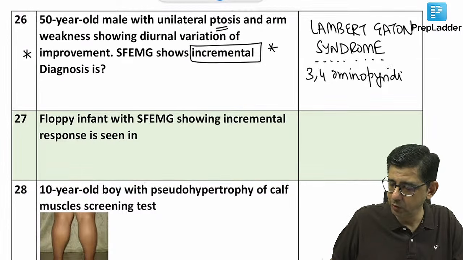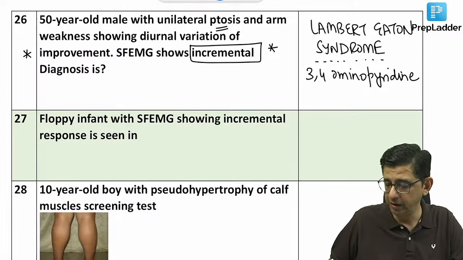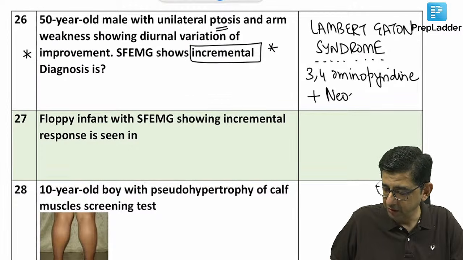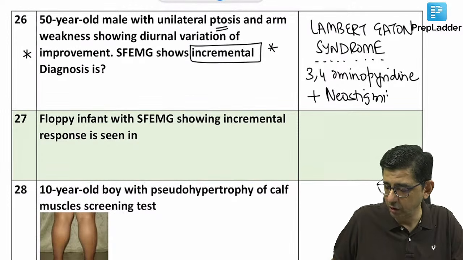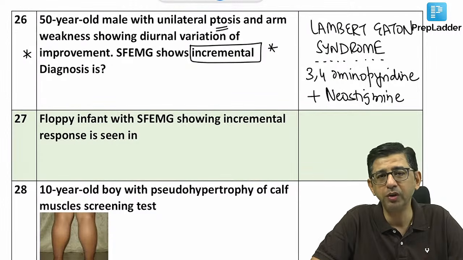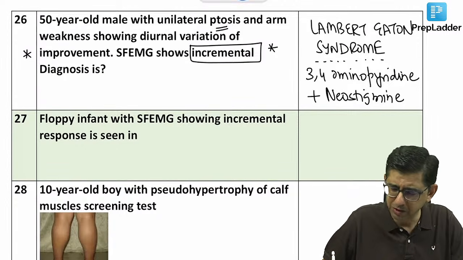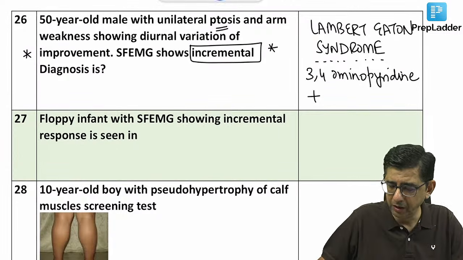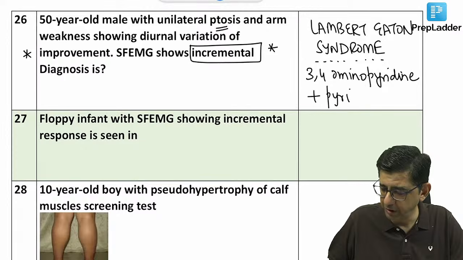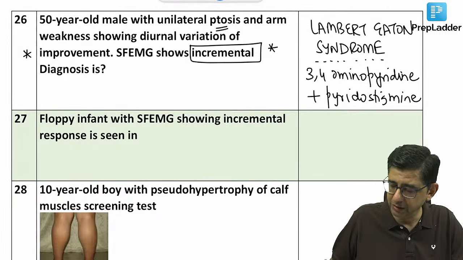The drug that we'll be using in this case is 3,4-aminopyridine. And along with it, the second medicine that we'll be using in this patient is neostigmine. So there are two things to be remembered here: we can use pyridostigmine in fact, but the main answer for this condition is 3,4-aminopyridine for management of patients of Lambert-Eaton syndrome.